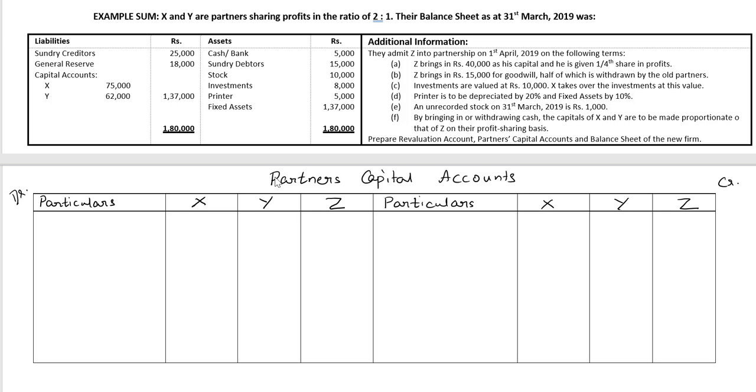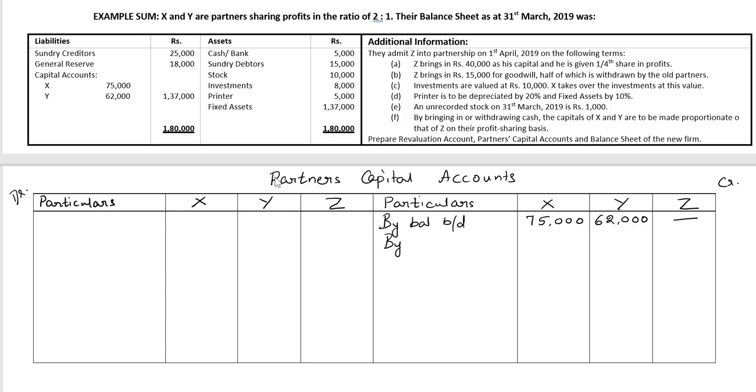We will begin by bringing down the balance of the capital accounts. By balance brought down, X's capital balance is 75,000 rupees, and Y's balance of capital is 62,000 rupees. As per point A, Z brings in rupees 40,000 as his capital.